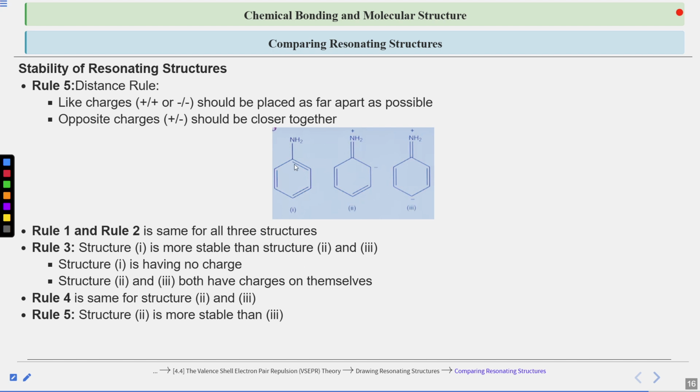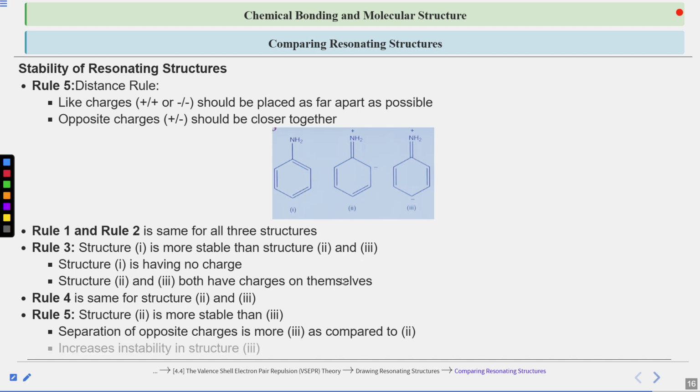So it is clear from rule 5 that your second structure is more stable. What can be said from here? That the opposite charges have a greater separation in the third structure as compared to the second, and this increases the instability of the third species and increases the stability of the second species.